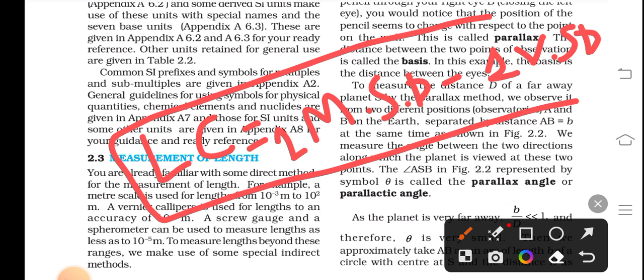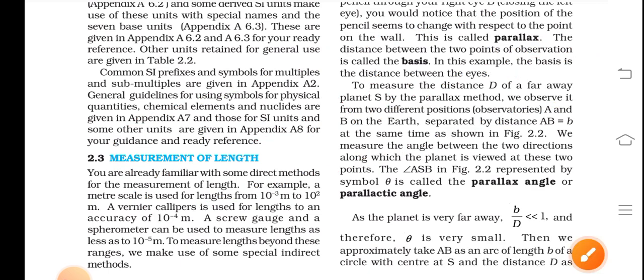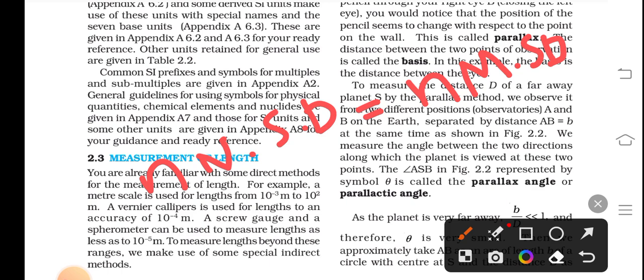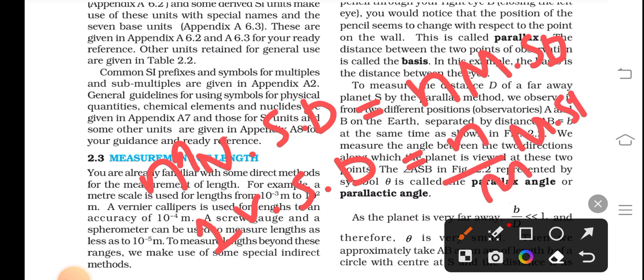Next, if n vernier scale divisions are equal to m main scale divisions, then one vernier scale division is equal to m by n main scale divisions.